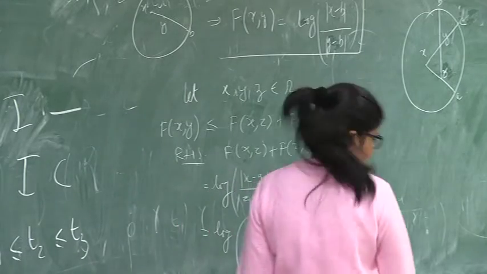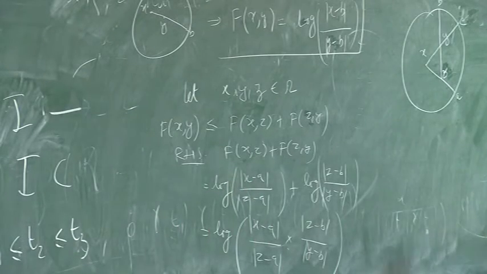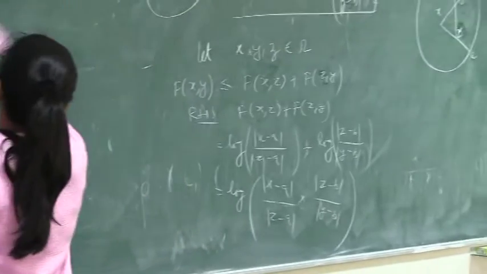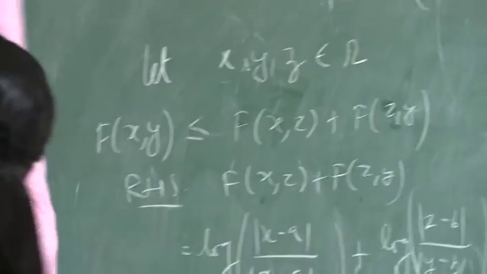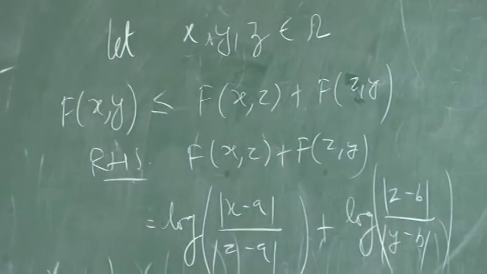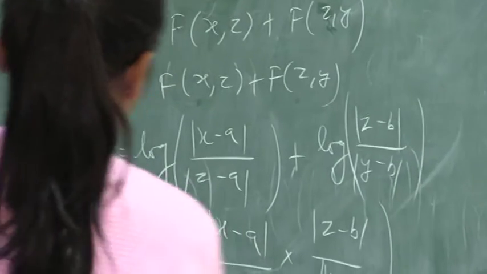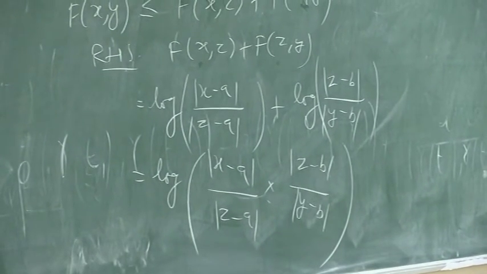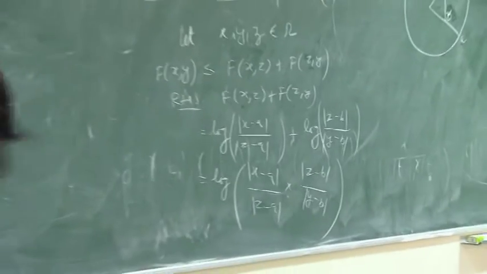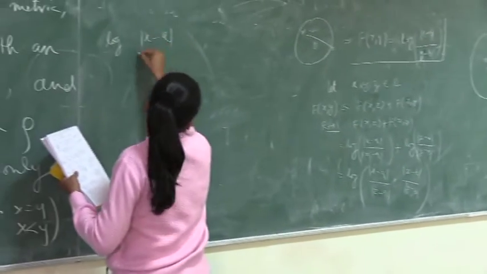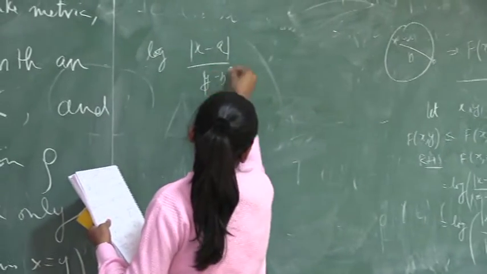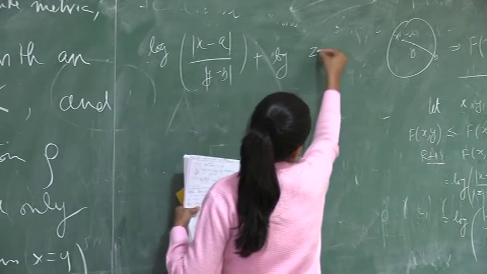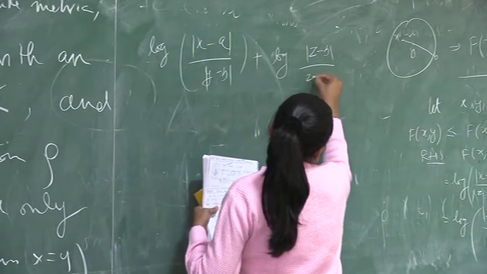And again we'll use the property of log, which is log x minus a, y minus b plus log z minus b, z minus a.